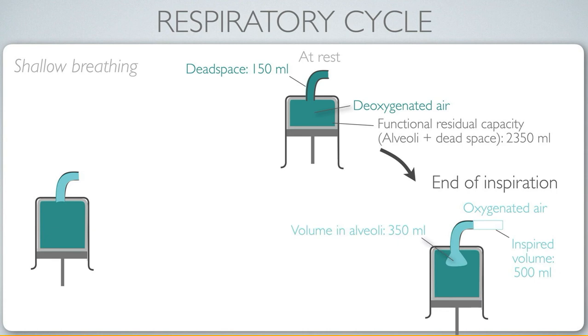So for shallow breathing, this is when you're at rest, the total inspired volume is 500 milliliters. The amount that reaches the alveoli, the amount that can be exchanged with the blood, is 350. Where does that come from? Well, we take the total inspired volume and we subtract from that the dead space, all the air passages. That leaves us with 350.